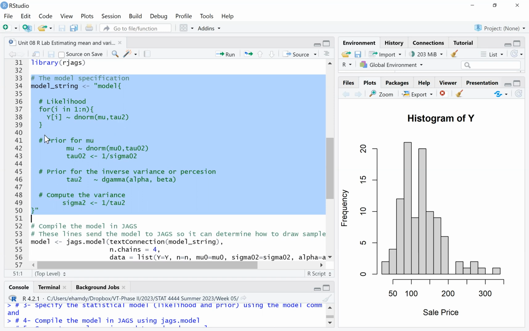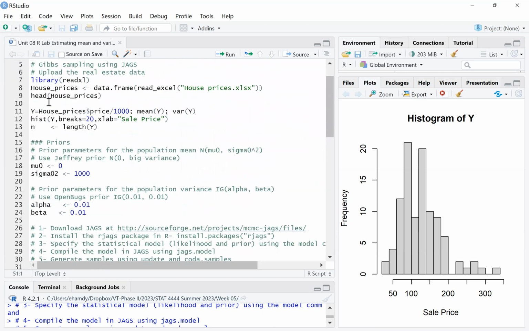So the first loop defines the data distribution, and the function will use this to find the likelihood. Each y value follows a normal distribution with mean mu and tau square. What is y? Y is the data itself, which is the house price. I give the notation y equal to the house price.